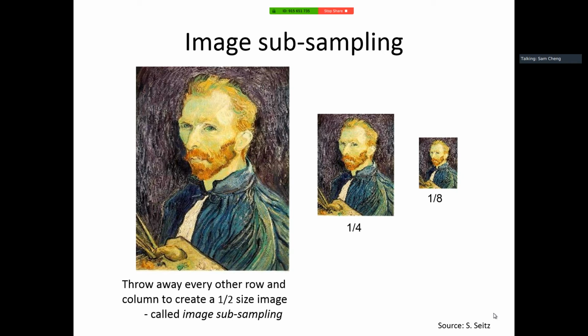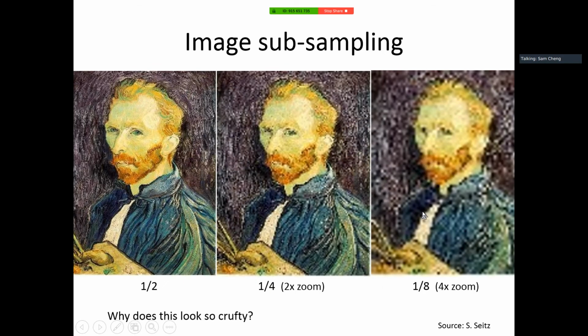The simplest thing is just remove some pixels, right? For example, if I downsample by a factor of 2, I would just remove every odd column and every odd row, right? After downsampling, I try to upsample back.